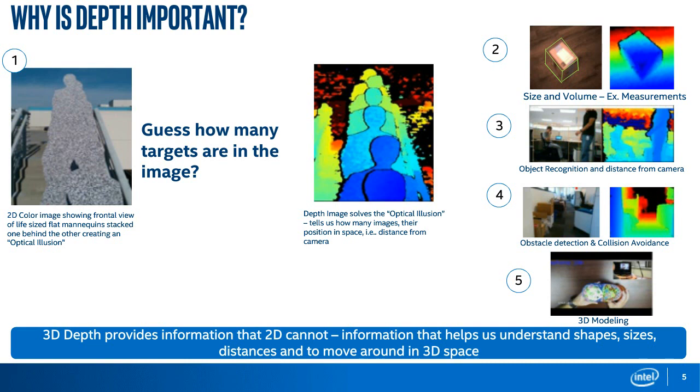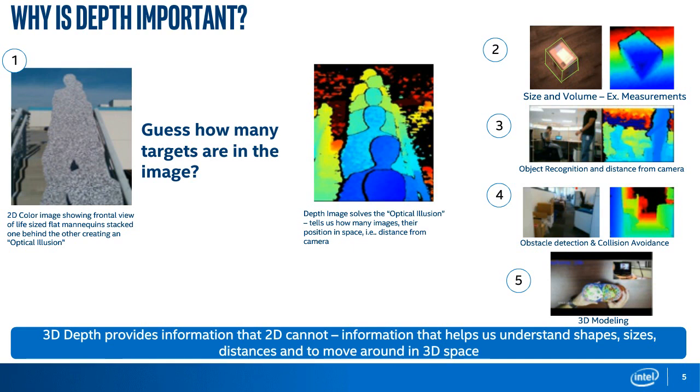Taking a snapshot of a device or a picture of anything and making it a 3D picture. All of these are things that 2D cameras can't do, and it allows us to go to this next generation of making a device smarter and being able to step us into this world of artificial intelligence.